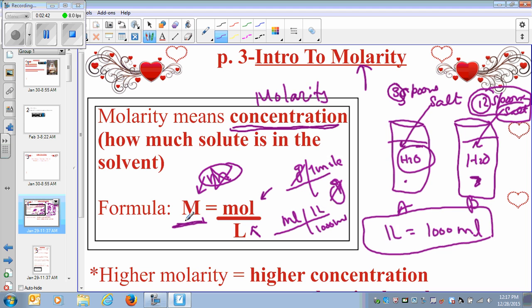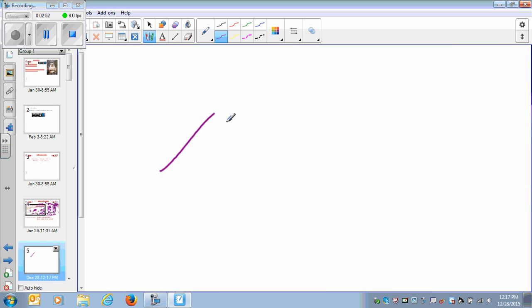So capital M equals moles over liters. You have to memorize the formula. You can also do this. Let me do the triangle on a different page. There are two ways to do this: molarity equals moles over liters. So to calculate the molarity, you will take moles divided by liters. To calculate the volume, you will take moles divided by the molarity.